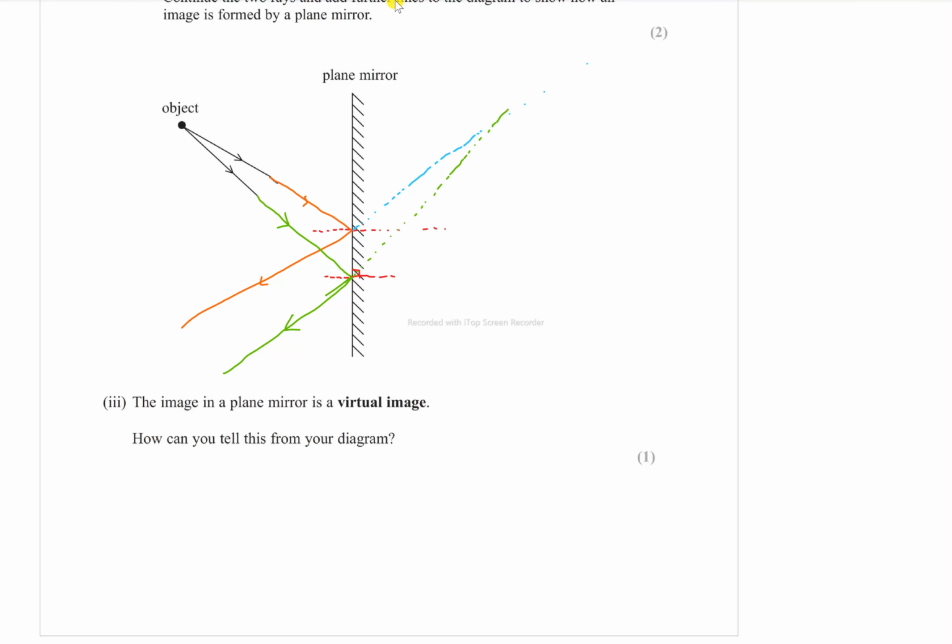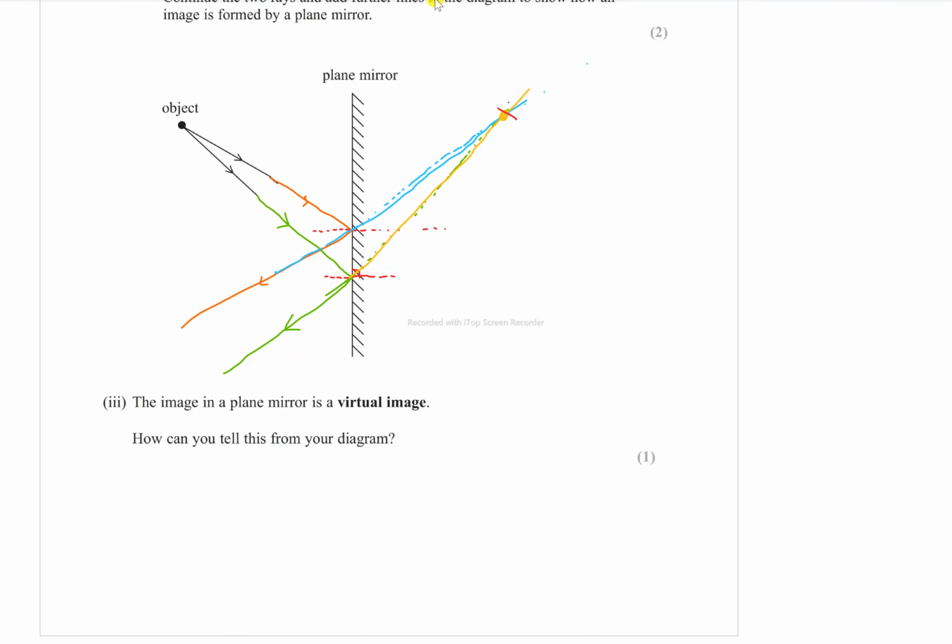Right. So what I do is I get a ruler. And then this line here, I'm gonna extend using a straight line. Let me pick another color. We'll just use that. So I'm gonna extend this line as well, and they're gonna meet here.